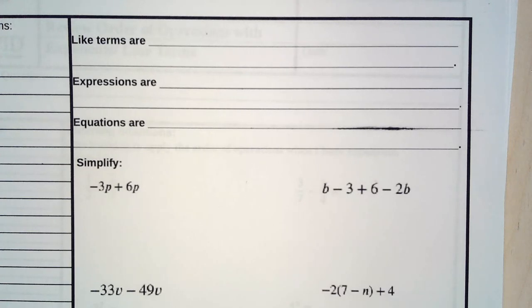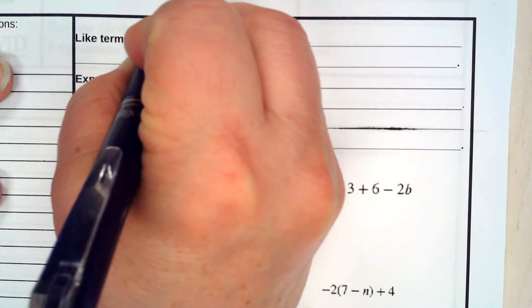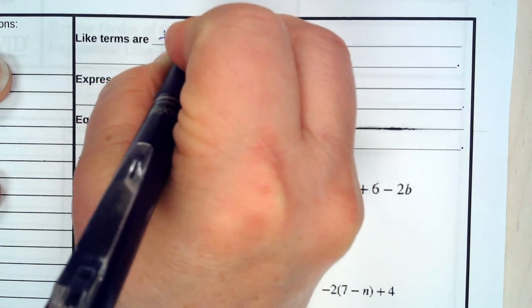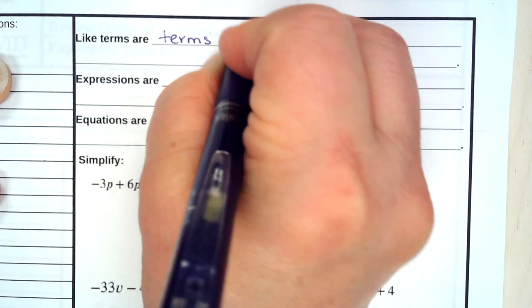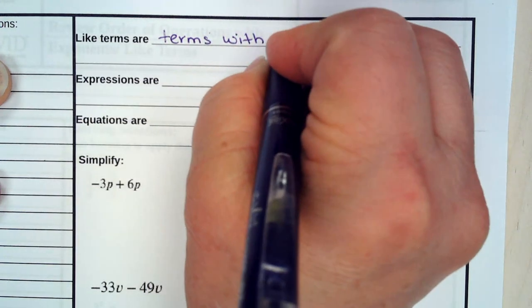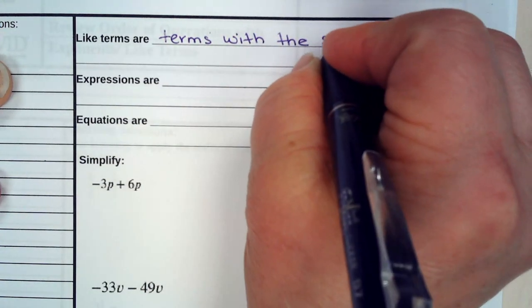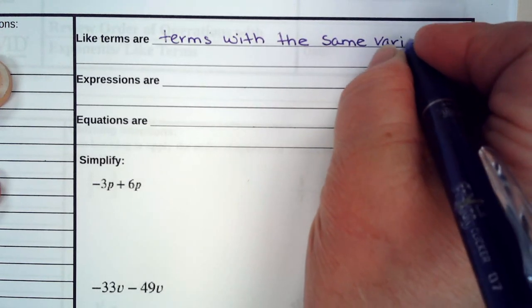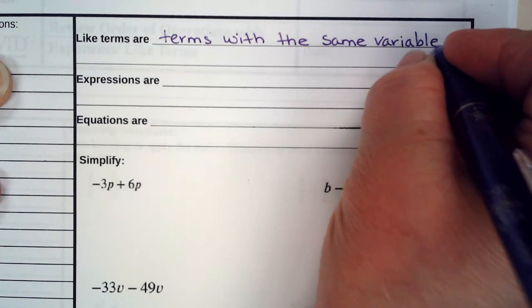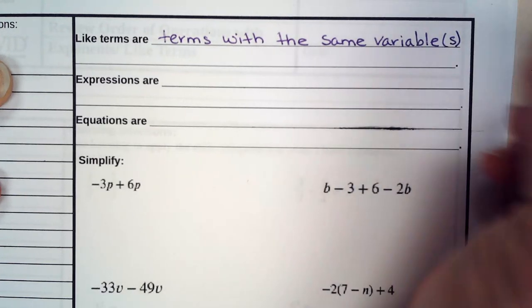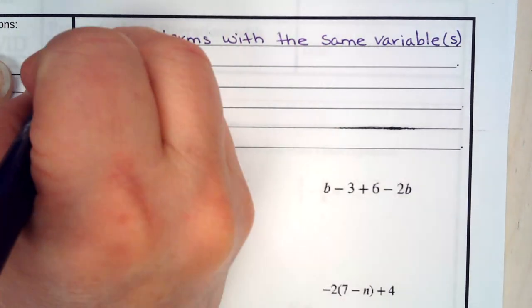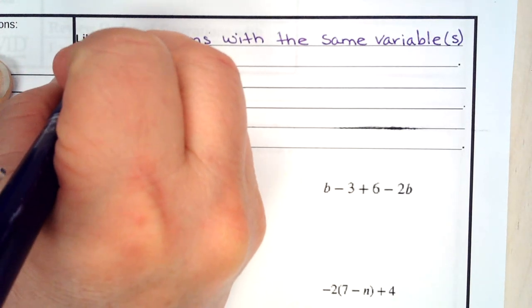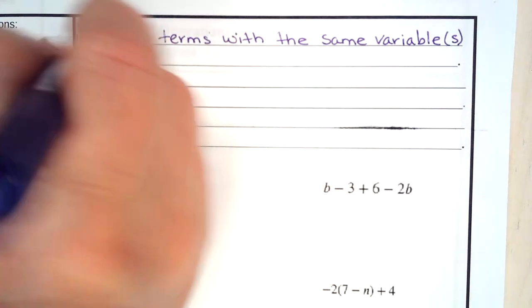Like terms are terms with the same variables raised to the same powers. Variable or variables, whichever, it might be more than one, raised to the same powers.